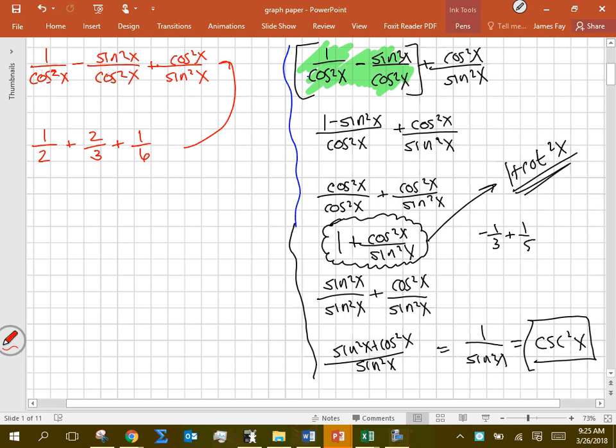So when you are multiplying, adding, subtracting fractions in trigonometry with expressions like this, you're going to want to use the LCD. Does that make sense to everybody? A similar thing happened when we were talking about rational equations in algebra.